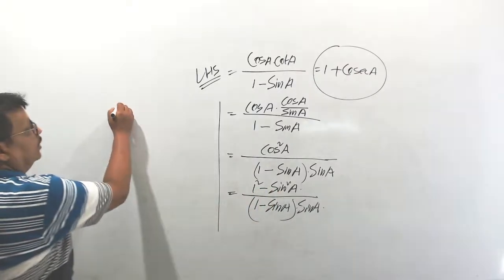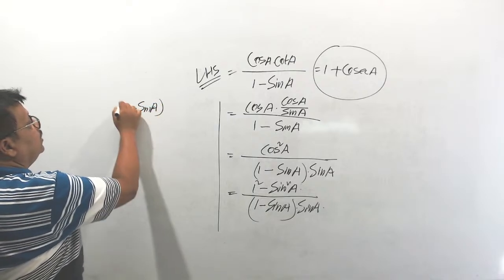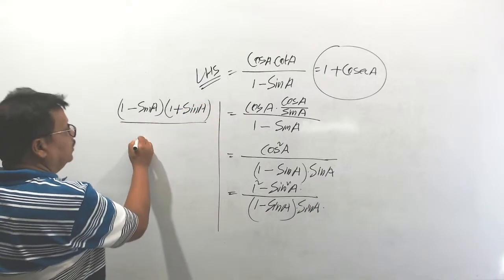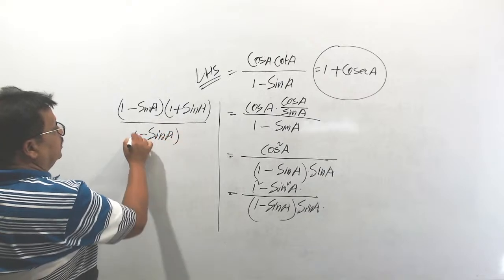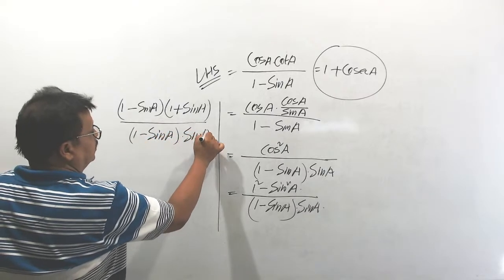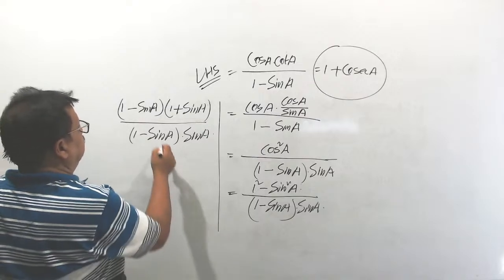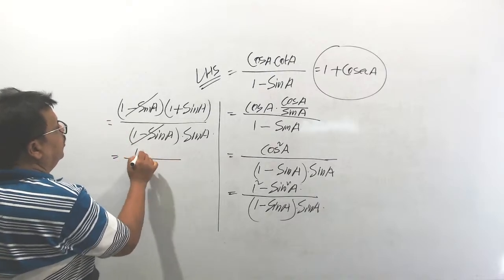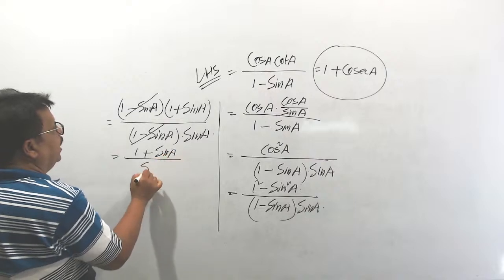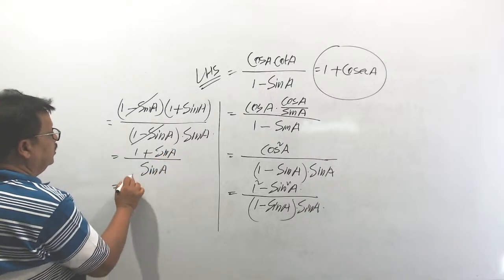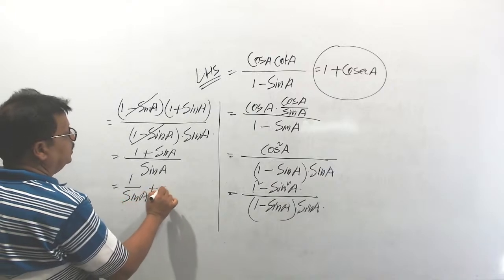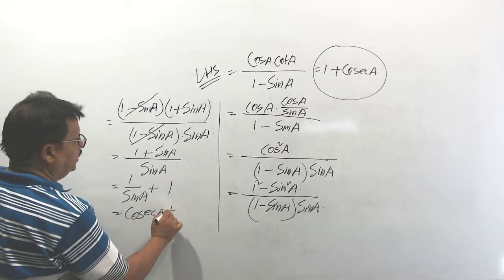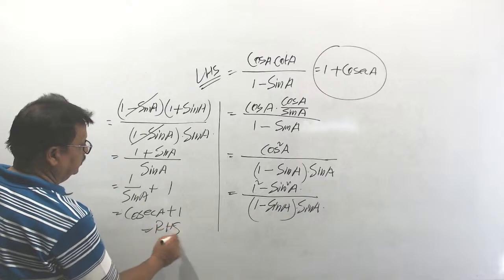That is 1 minus sin A into 1 plus sin A, divided by 1 minus sin A into sin A. Right? 1 minus sin A, 1 minus sin A cancelled. But you are getting 1 plus sin A by sin A. That means you can split this way, plus 1. That means 1 by sin A means cosec A plus 1 is equal to the right answer.